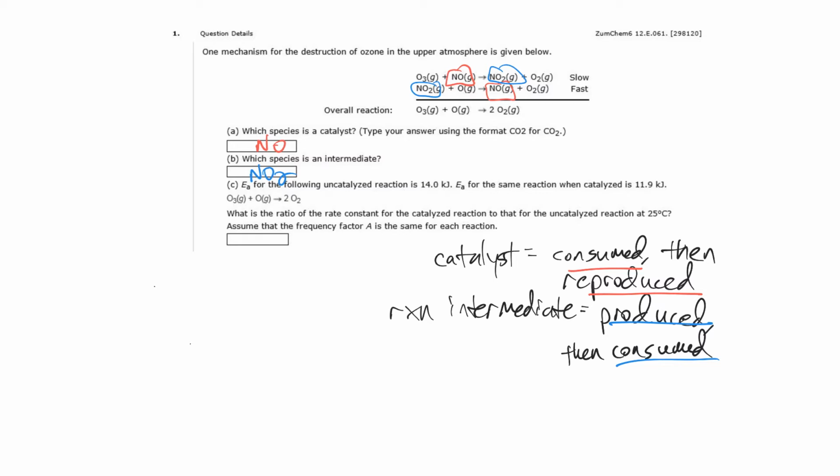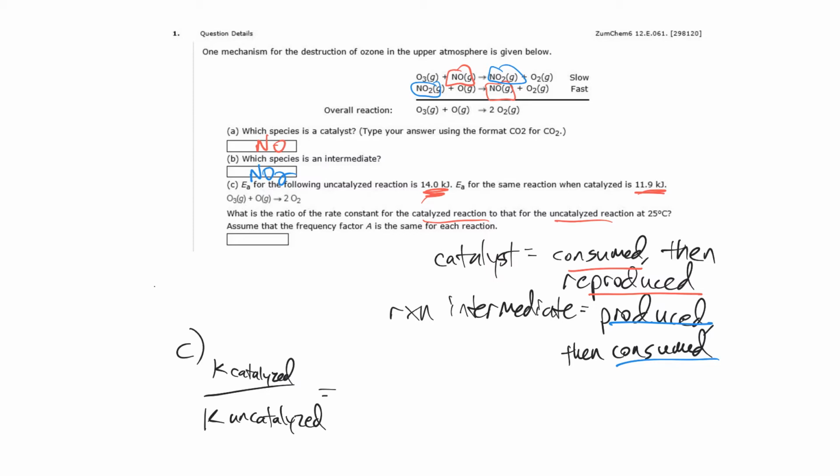In part C of this problem, they give us the activation energies for the uncatalyzed reaction and for the catalyzed reaction. And they ask, what's the ratio of the rate constant for catalyzed to that for the uncatalyzed? We're just going to set up a ratio, and we're going to look for things to cross out.